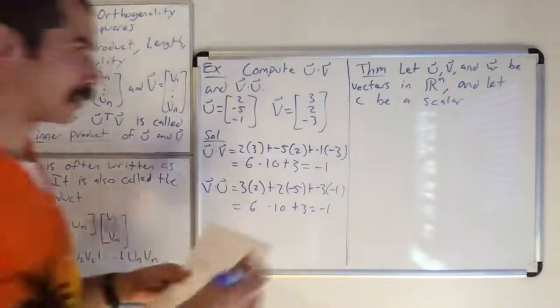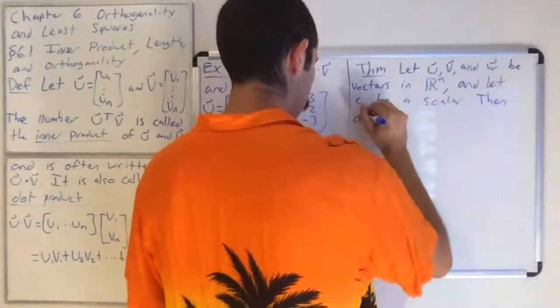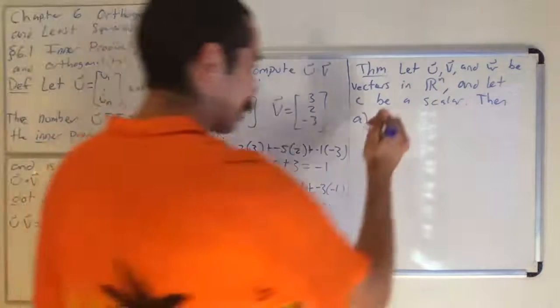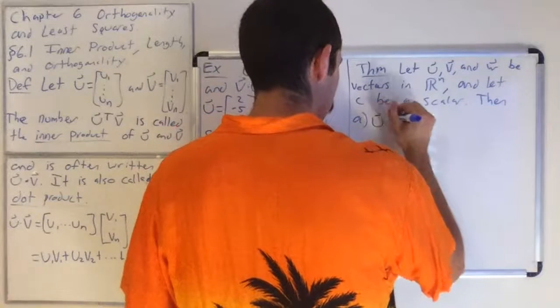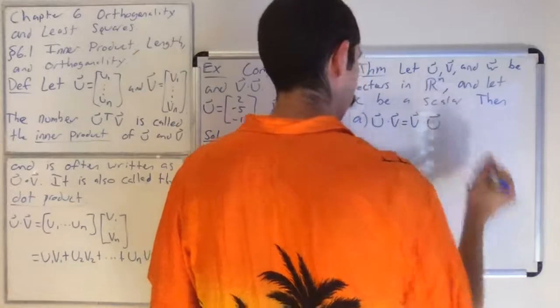Okay, so the theorem has 4 parts. This should hopefully look familiar to lists that we had in the past. All right, so A is that the dot product is a commutative operation. So u dotted with v is equal to v dotted with u.